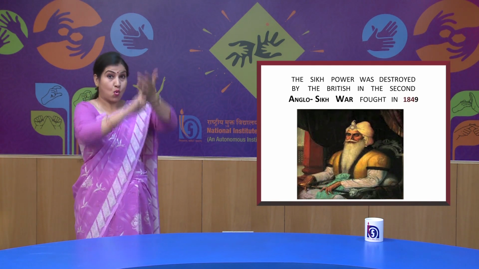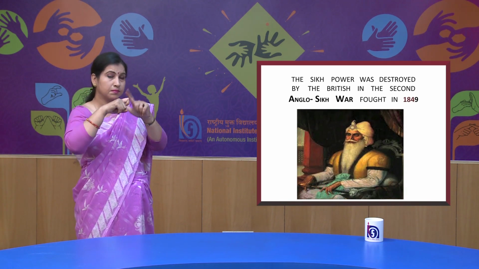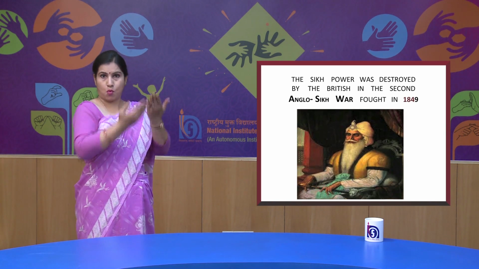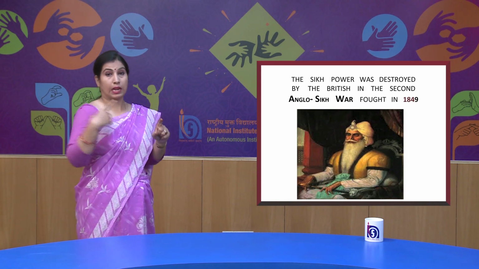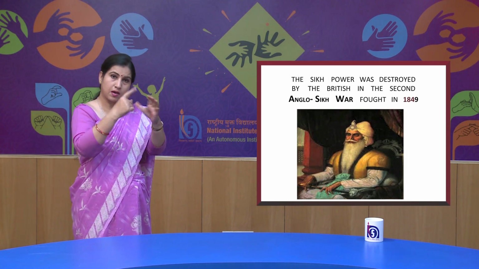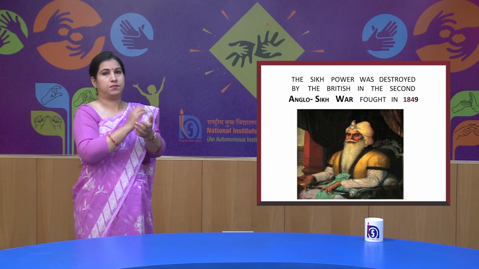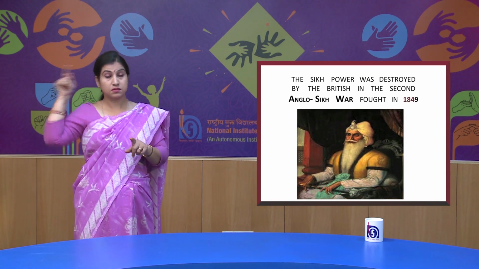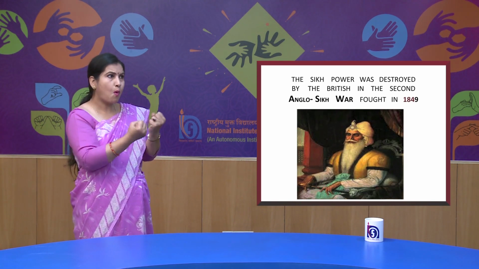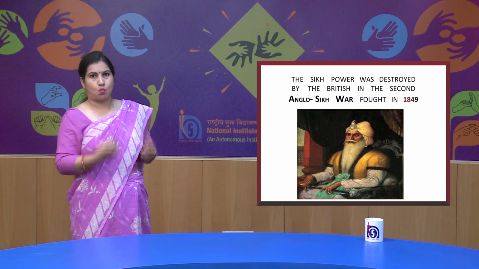In northern India, the Sikhs became an important political and military force under the leadership of Maharaja Ranjit Singh. The British were not happy with the rise of Sikhs and wanted to bring them under their control.